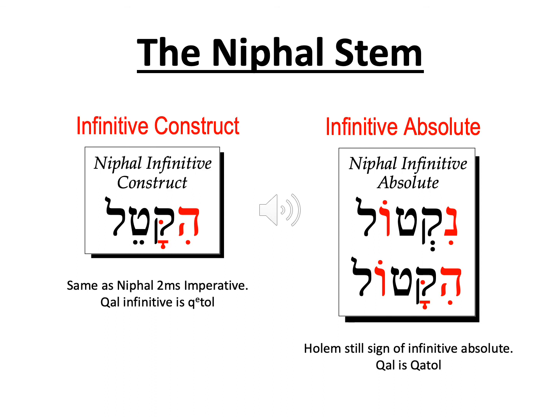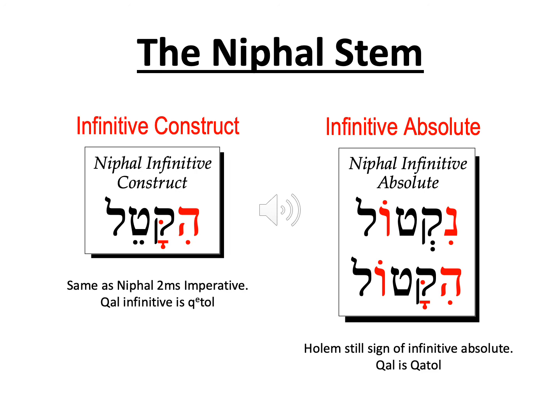In the Niphal stem, in the infinitive construct and the infinitive absolute, it is possible and common to have a he prefix, just like in the imperative. However, just like in the imperative, the vowel pointing will mimic that of the imperfect, the hirik followed by the komets followed by a tsere, with a dagesh forte in the first root letter. This is true in the infinitive construct.